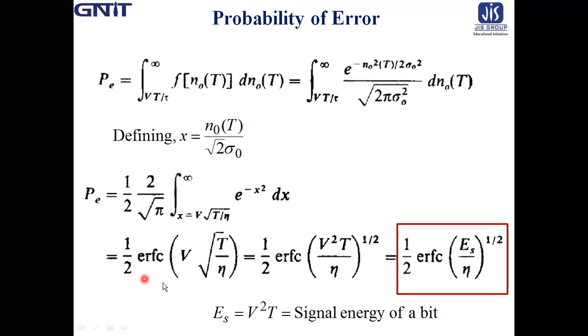So this is half ERFC V into root over T by eta, that is half ERFC of V square T by eta to the power half.